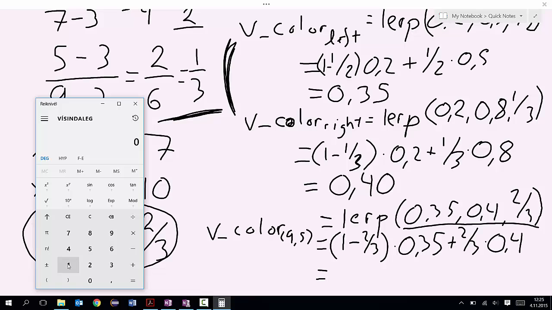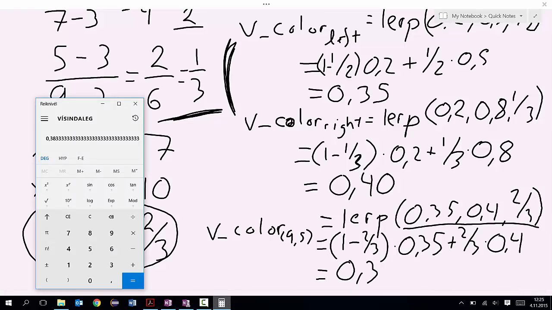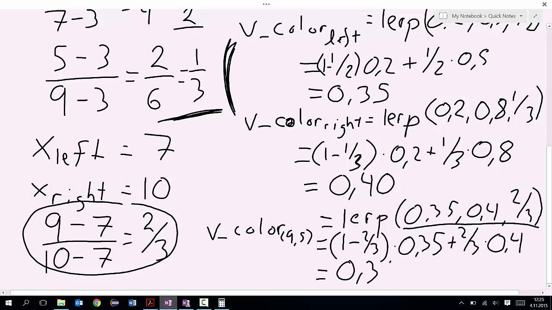Let's say we have 0.35 divided by 3 plus 2 times 0.4 divided by 3, which equals, okay, 0.38333. So 0.383 is a good enough answer here.